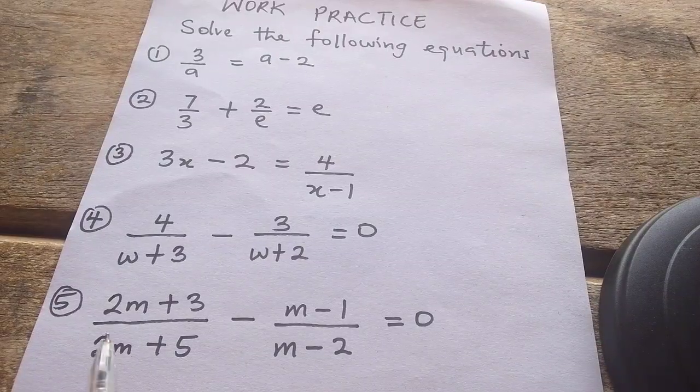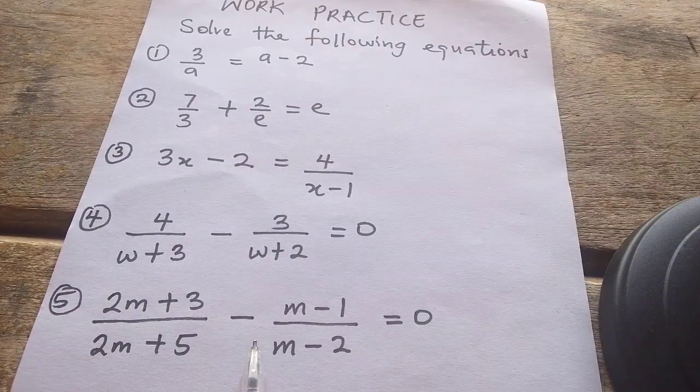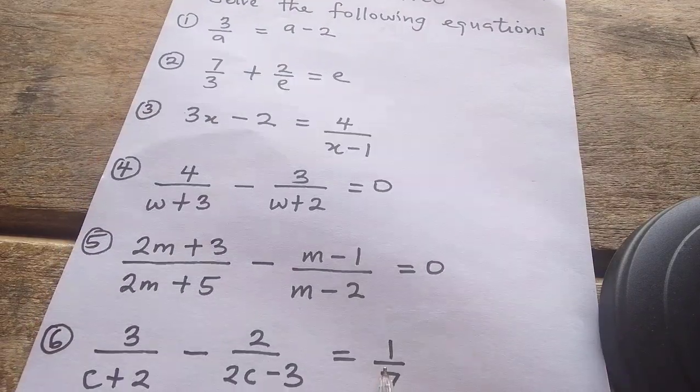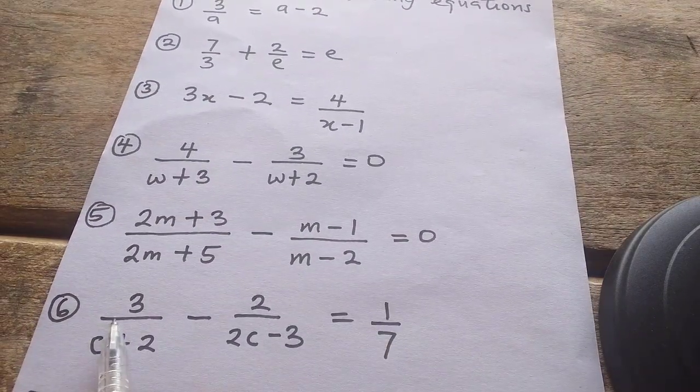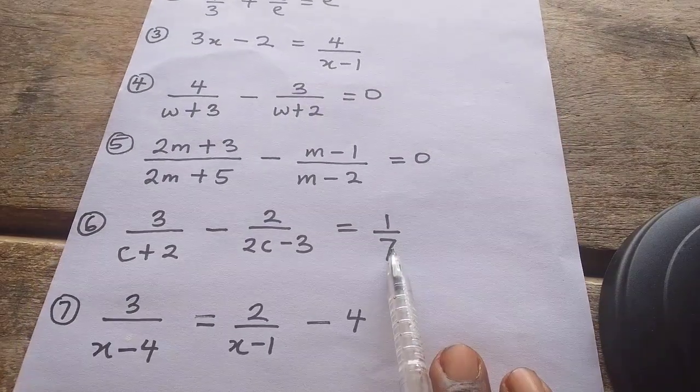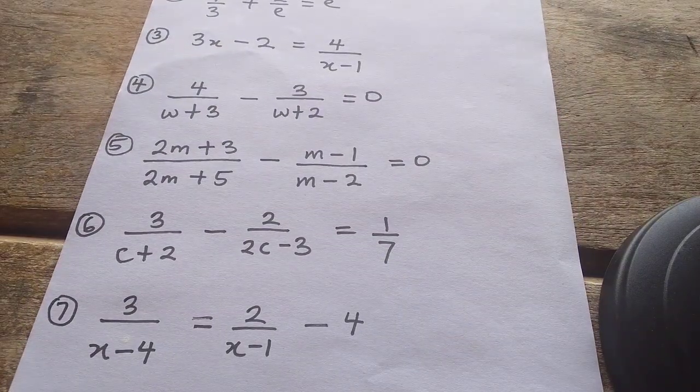Number 5, 2m plus 3 over 2m plus 5 minus m minus 1 over m minus 2 is equal to 0. Number 6, 3 over c plus 2 minus 2 over 2c minus 3 is equal to 1 over 7. Number 7, 3 over x minus 4 equals 2 over x minus 1 minus 4.